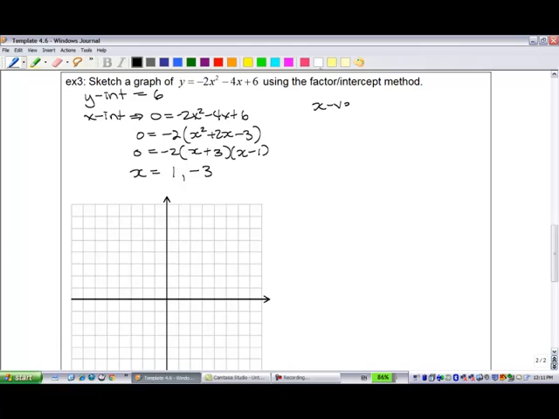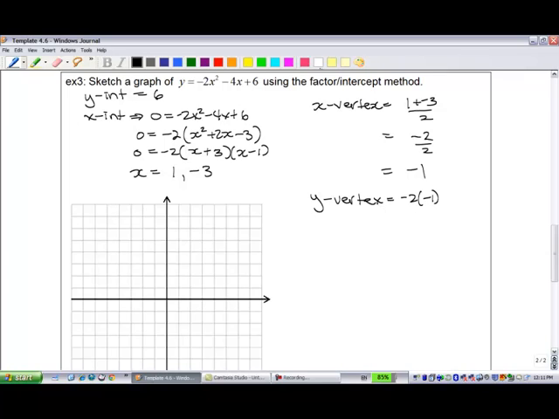So the x-vertex is going to be the average of those two. So 1 plus negative 3 over 2. Fairly simple calculation. 1 plus negative 3 is negative 2 over 2. And we get an x-vertex of negative 1. The y-coordinate of the vertex is us plugging negative 1 into the function.